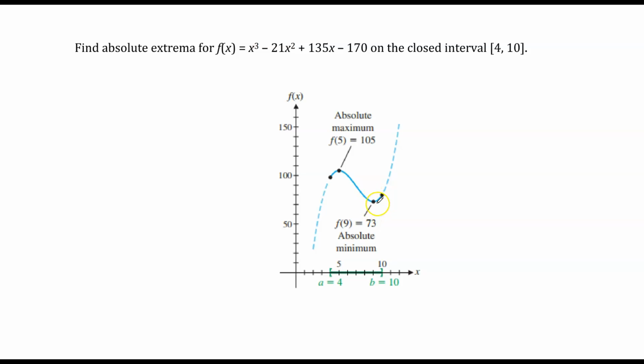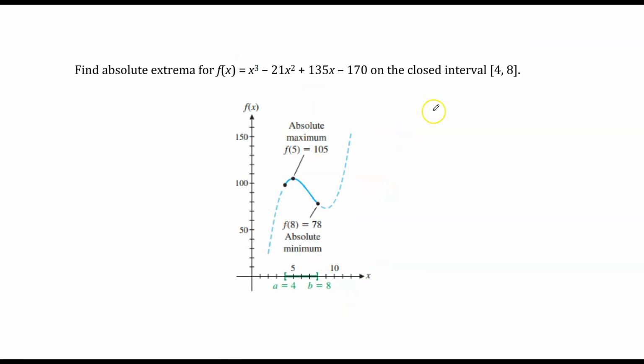And this point, which is your local minimum, will now be the absolute minimum of the graph on this closed interval [4, 10]. So this means that the absolute maximum or the absolute minimum could occur at either local extreme values or at the endpoints of the intervals.